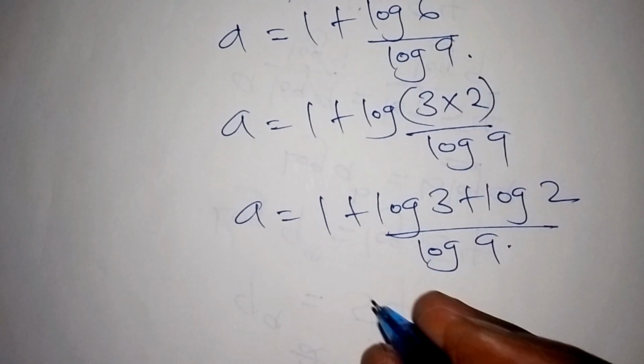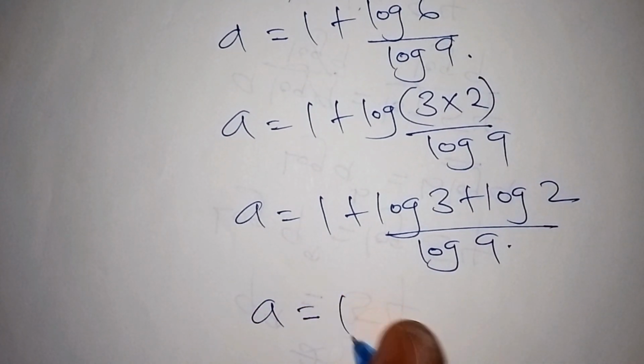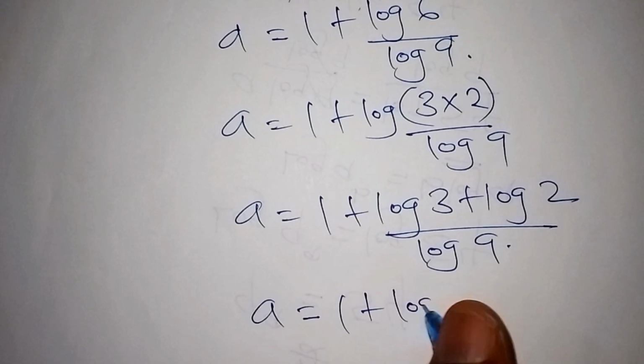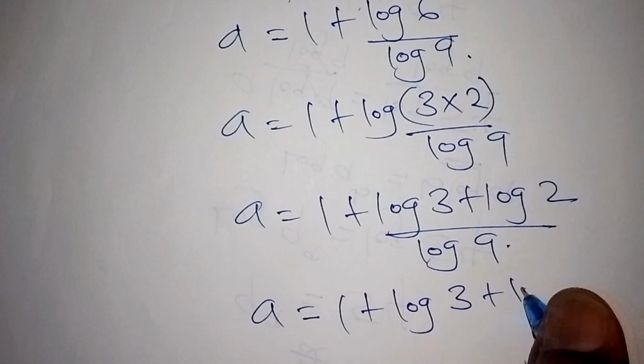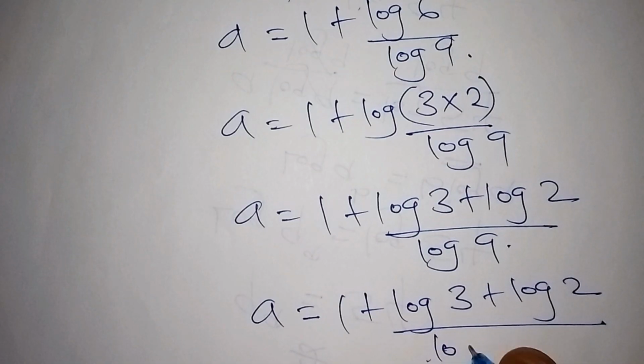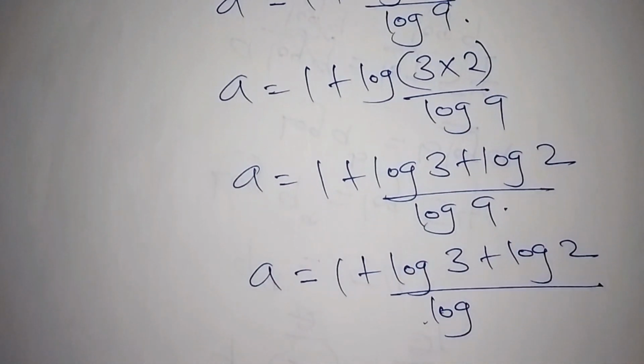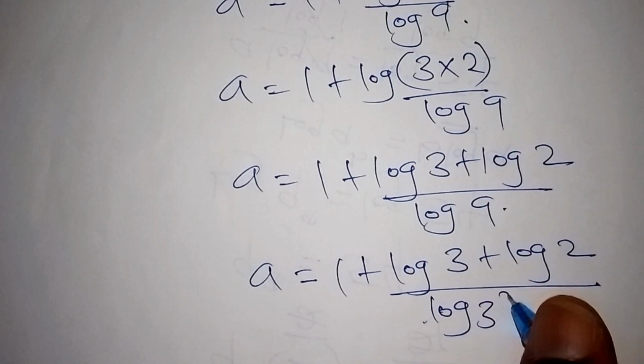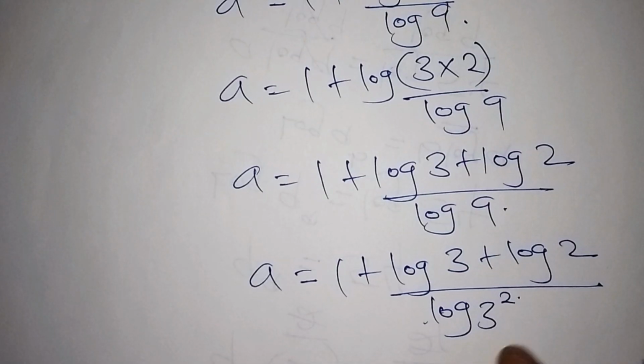The log of 9 can also be expressed as the log of 3 to the power of 2, because 3 times 3 is 9.